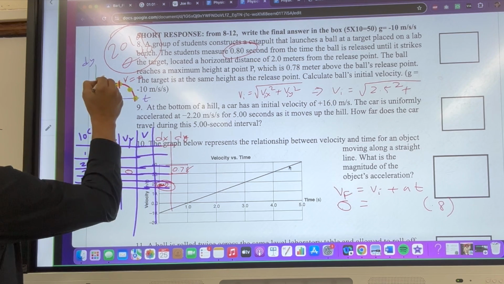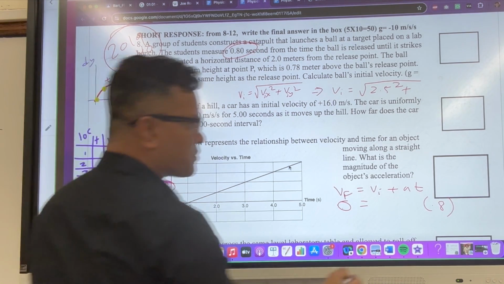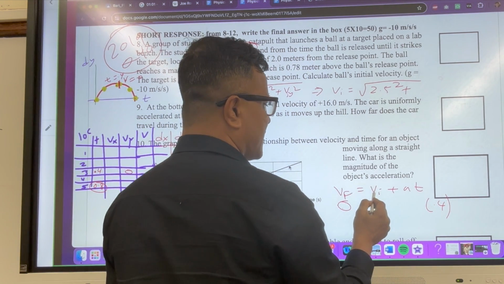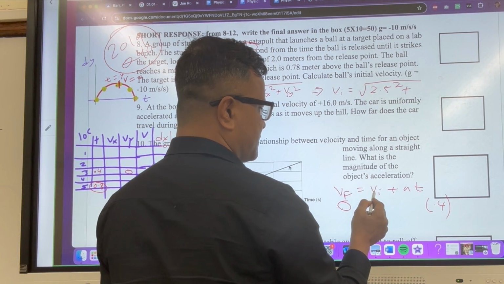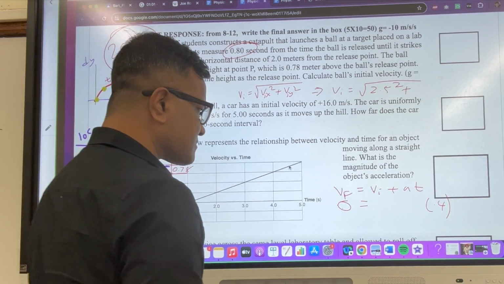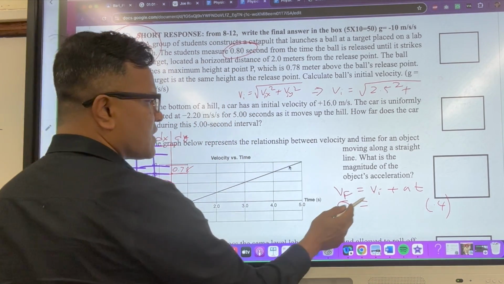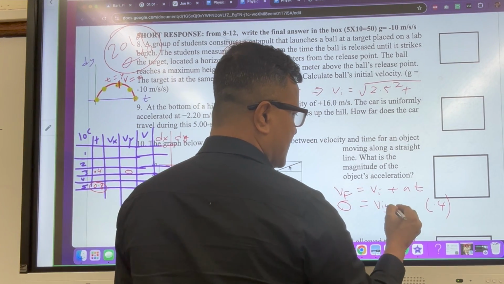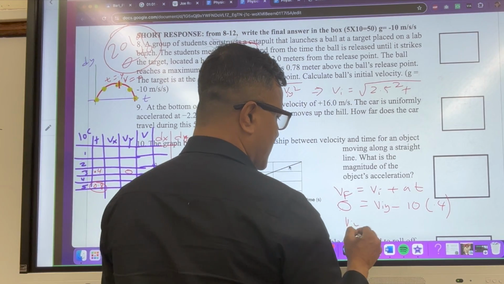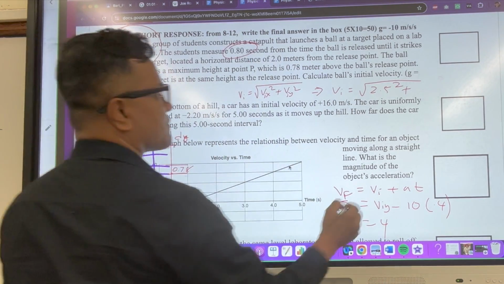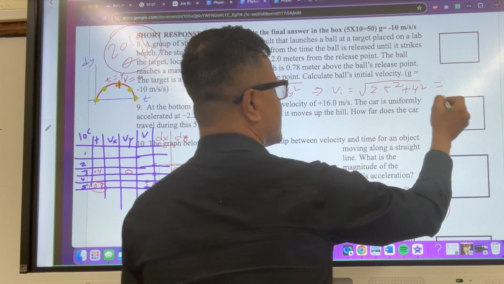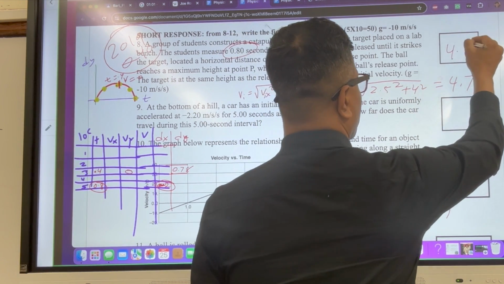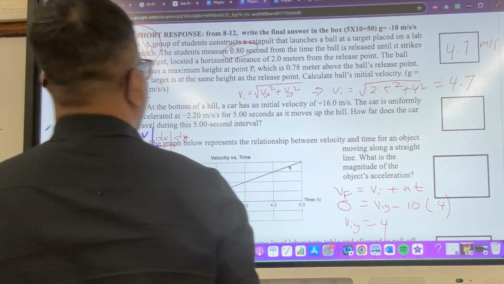So the time is 0.4 over here. The Vf is 0, Vi is what we are trying to find, and a is minus 10. So Viy is equal to 4. So you write 4 squared, and if you do that, you're going to see 4.7 meters per second, of course.